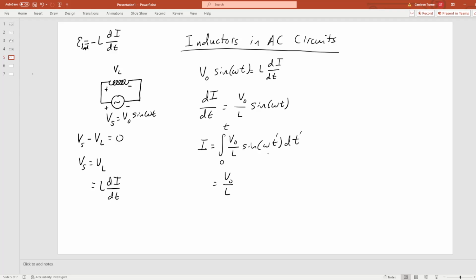The integral of sine is minus cosine. Oop, I don't need the dt anymore. And I'm going to need to divide by an omega.